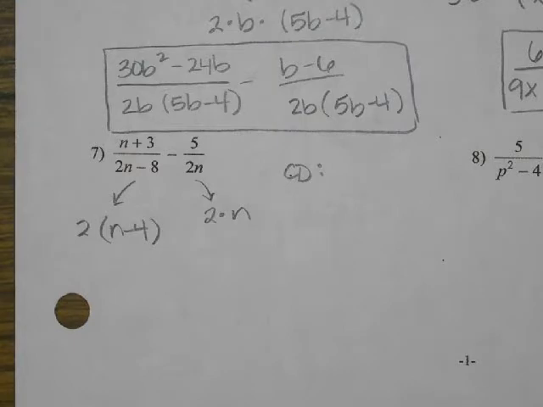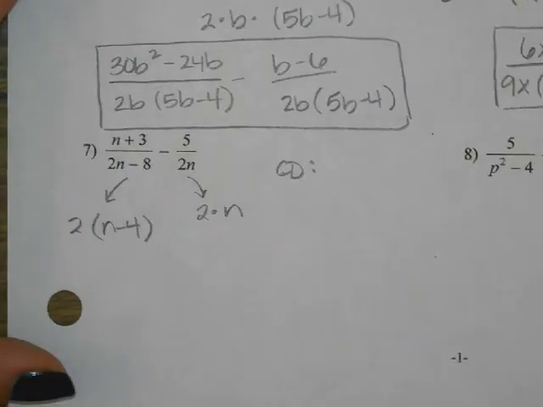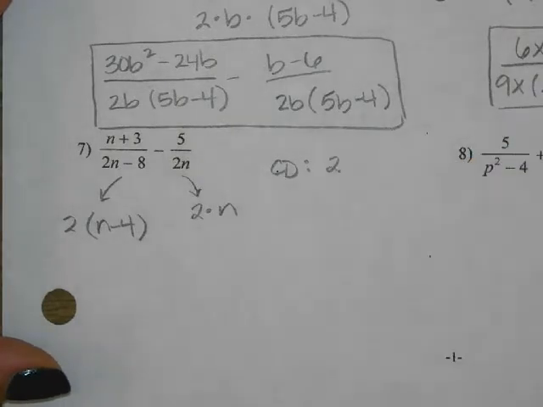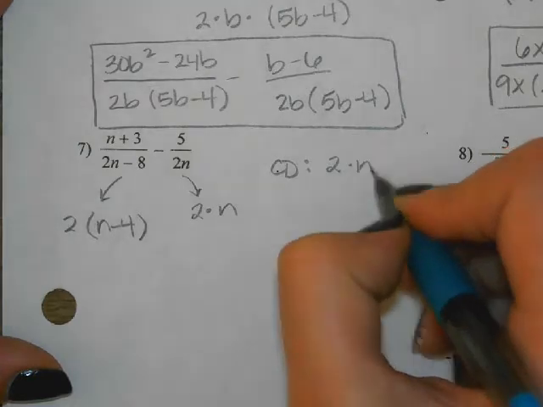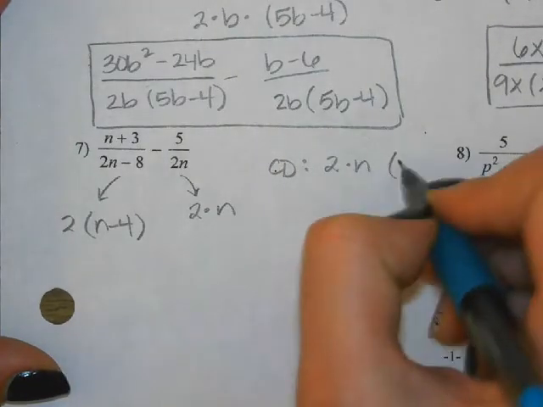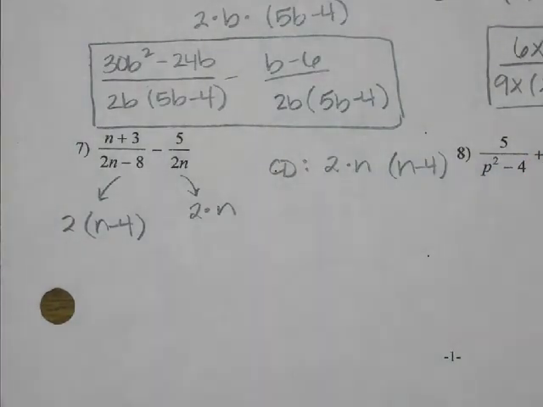Okay. So what's our common denominator? 2. We need a 2, we need an n, and then we need the group. Go ahead and see if you can figure out what each fraction needs.